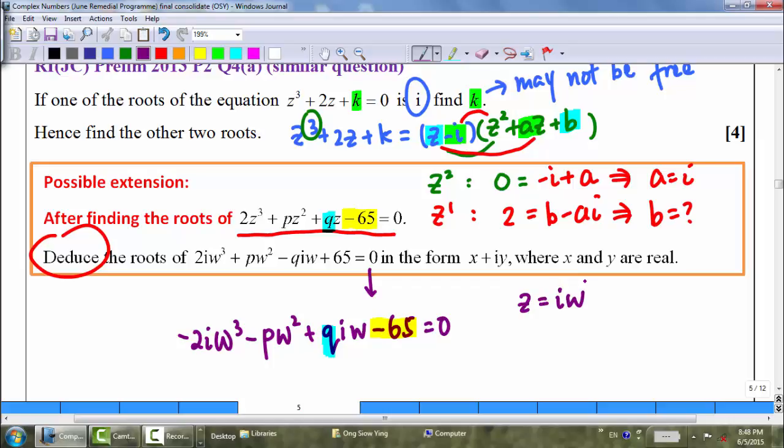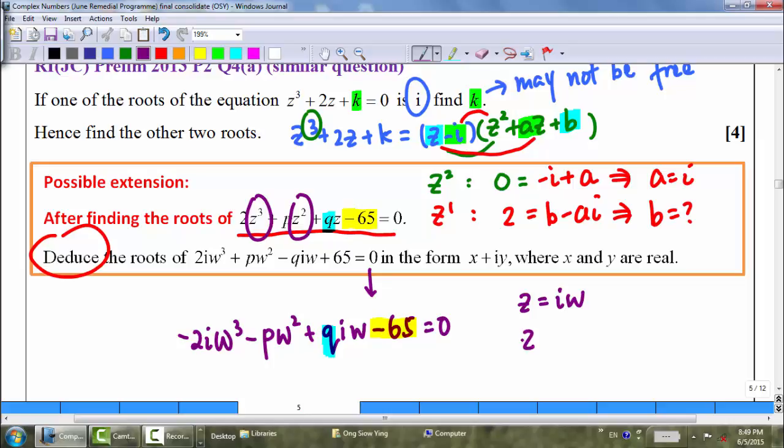But that's not good enough because you actually have to check that this replacement works for the other terms as well. So if you are going to replace your Z by IW, then you must make sure that when you do the replacement here, this term will actually give you minus IW, right? And this term here will actually give you minus IW cubed, right? So we have to do the checking.